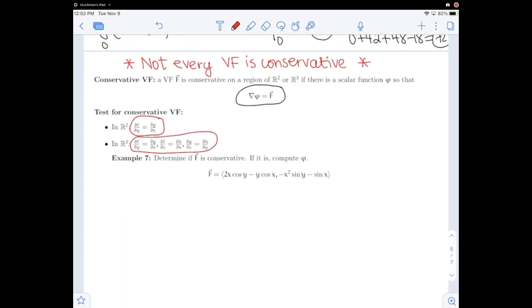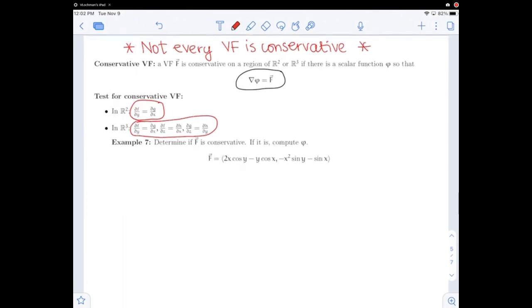Right, now there are three components, so we need to make sure that these partial derivatives are the same pairwise. So there are three conditions to check. And of course, you can extend it to R4 and R5 and finite dimensional vector spaces, except that we're only going to stick with R2 and R3.